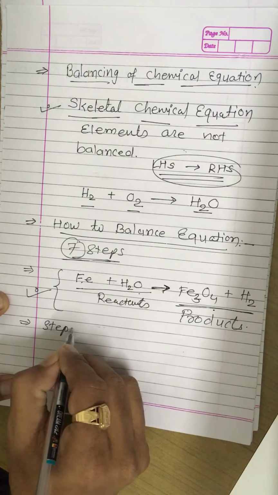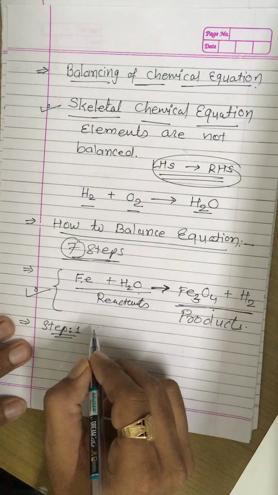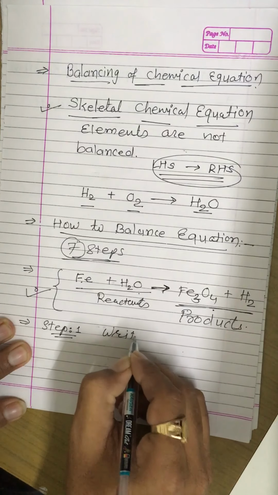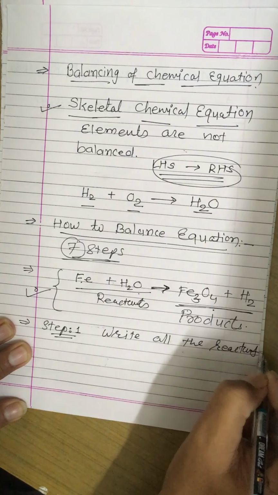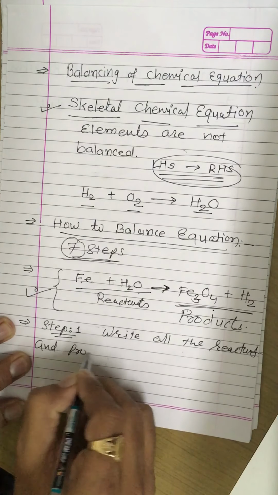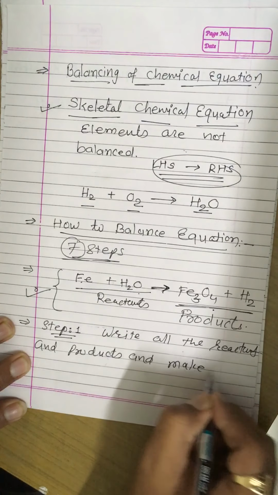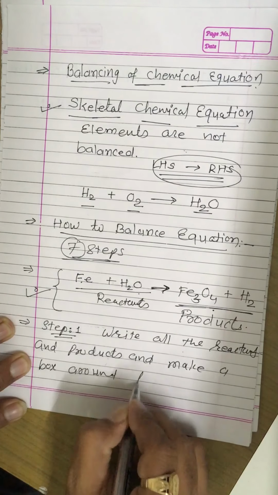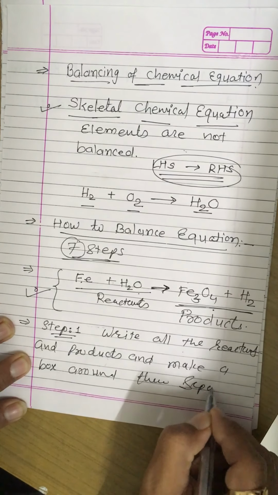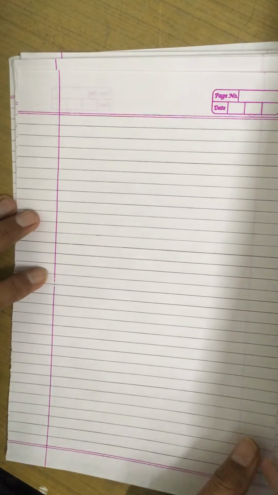First of all, step number 1, friends. In step number 1, we have to do just one thing: write all the reactants and products and make a box around them separately. Let's do it, friends. Please concentrate on how I follow that.